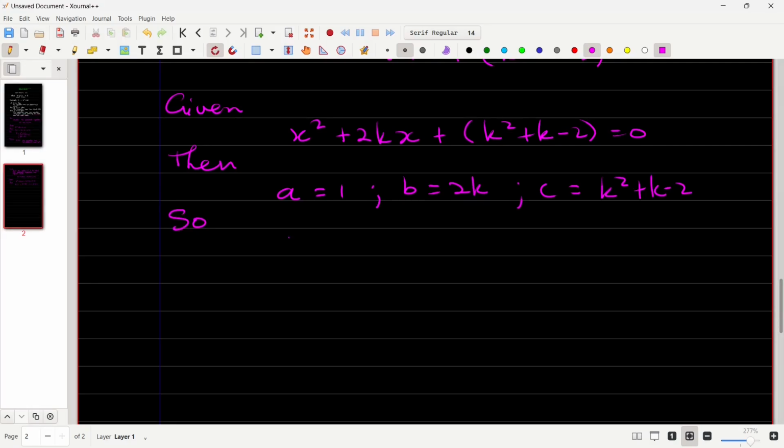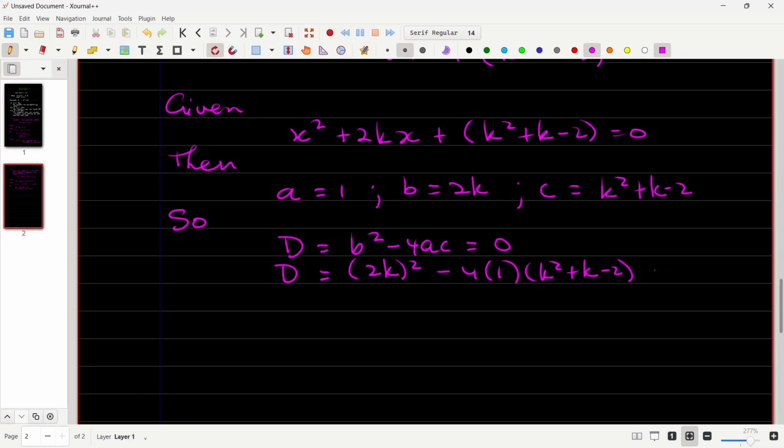So d equal to b squared minus 4ac equal to 0. D would be equal to b, which is 2k squared, minus 4 into 1 into c, which is k squared plus k minus 2. And that is supposed to be equal to 0.